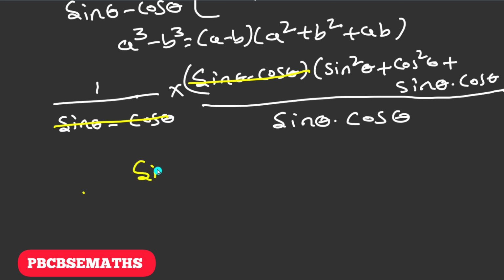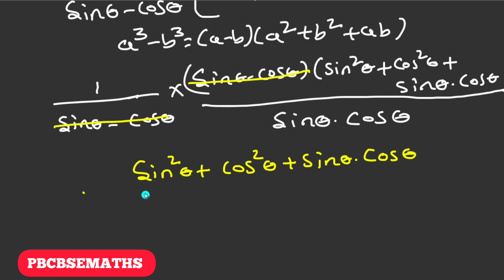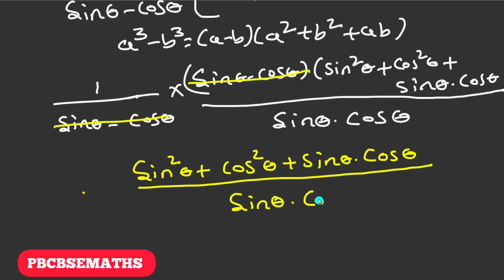We are left with now in the numerator sine square theta plus cos square theta plus sine theta into cos theta whole divided by, in the denominator we are having only sine theta into cos theta.